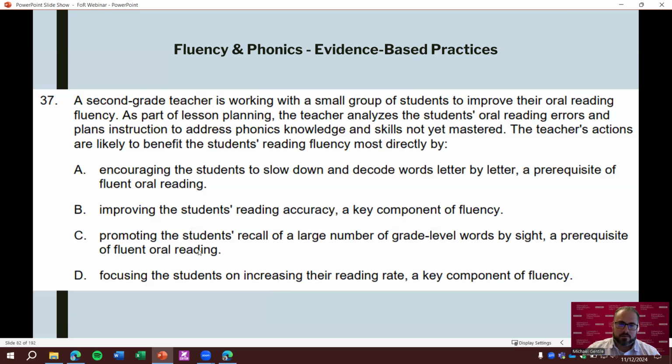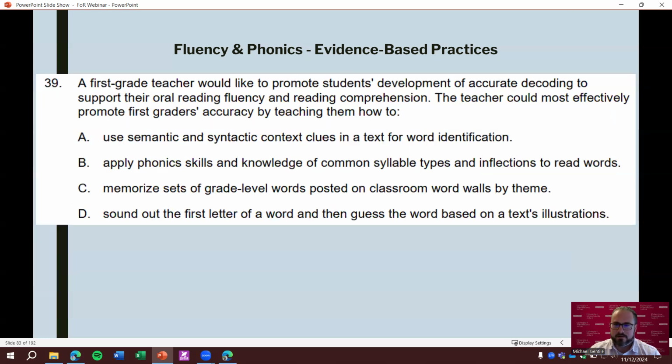This has recall of a large number of words, having a large sight word vocabulary is related but not a prerequisite to fluent oral reading. And this one, obviously, encouraging the student to slow down. While that is a thing that we might say to a student if we're solely focused on the word recognition piece, encouraging students to slow down is certainly not going to help their fluency because rate is a part of fluency.